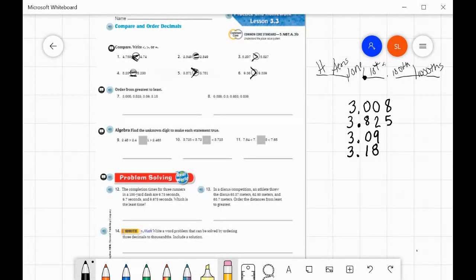All right, notice that all of my decimals are lined up, and I'm going to take a look at each column. The ones column, we have everything the same.